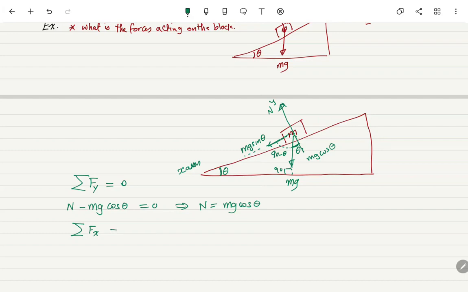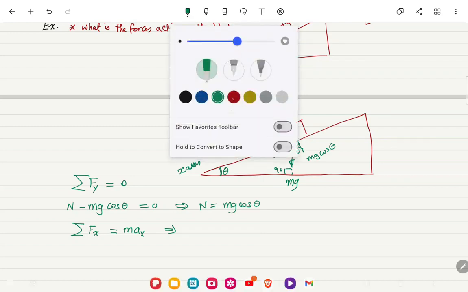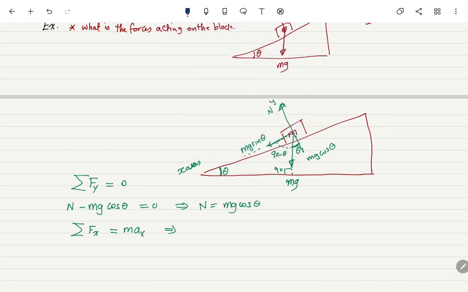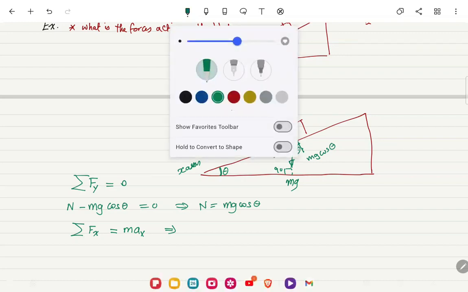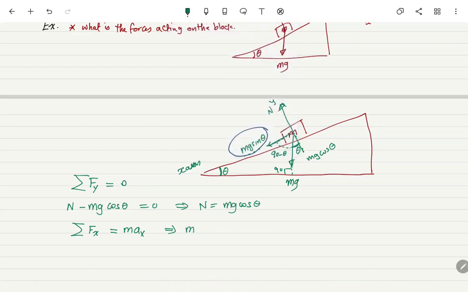The sum of all forces on x equals max, which means the only force on x in this case is mg sine theta, the only driving force on x. So mg sine theta equals max, or in other words, ax equals g sine theta.